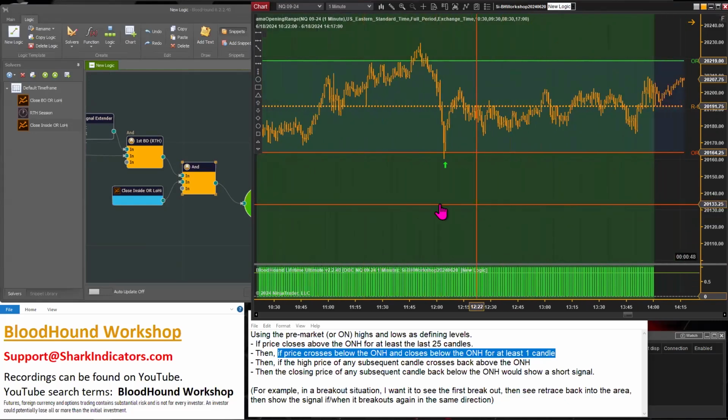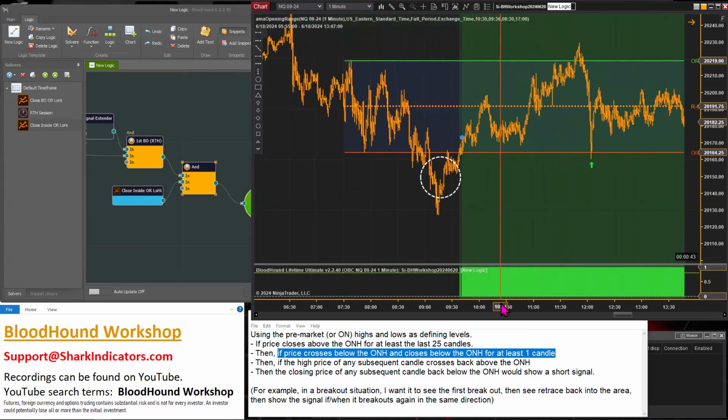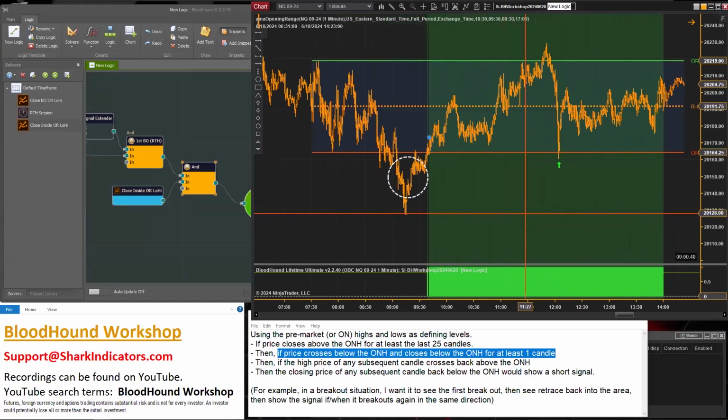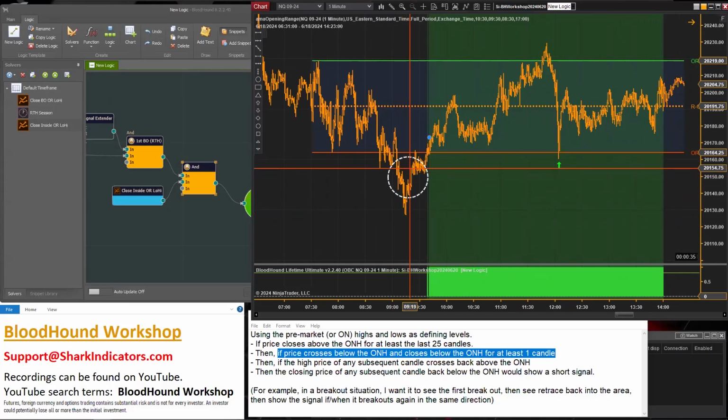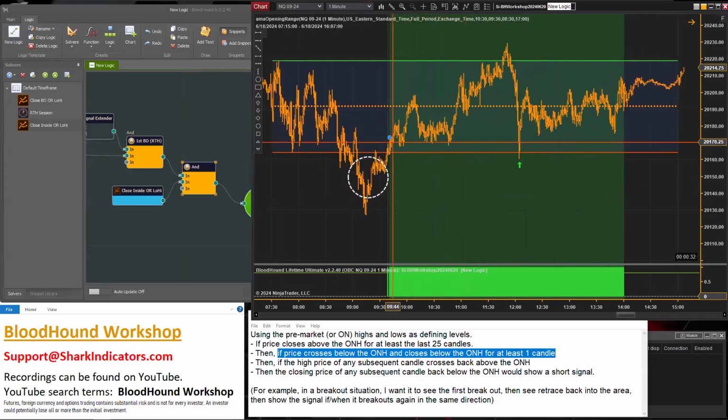All right, so I'm just analyzing what we have here. So far everything looks good. We have our first breakout for 25 bars, price crosses back in, and we have this long output here until price breaks out again.